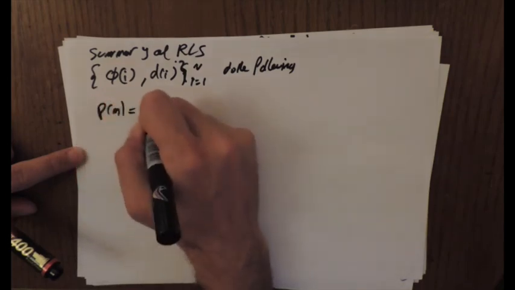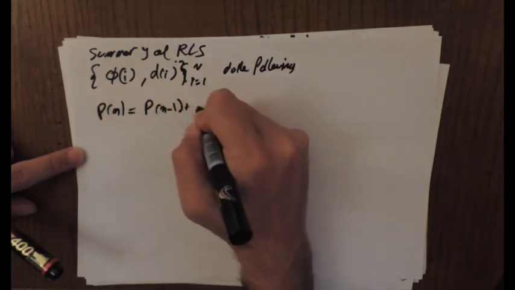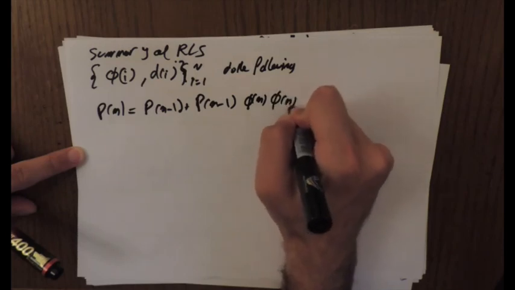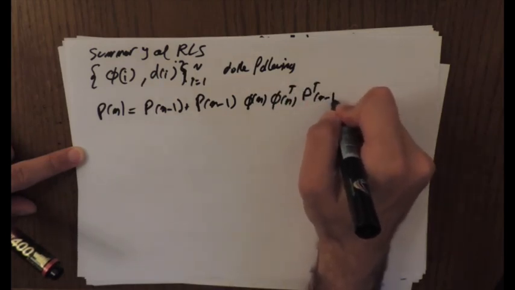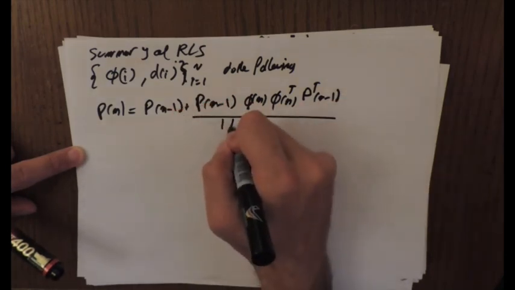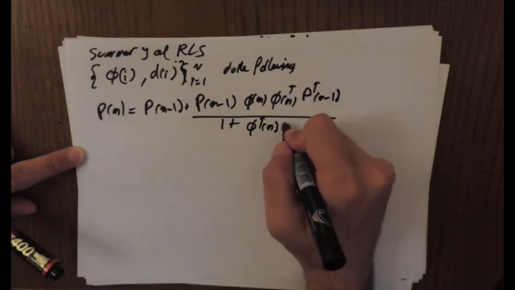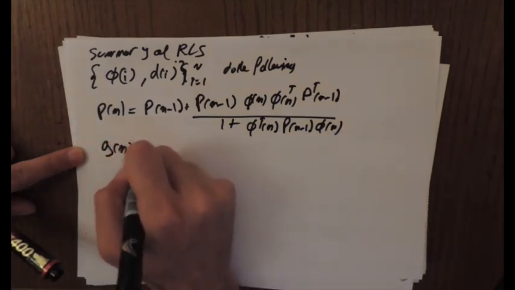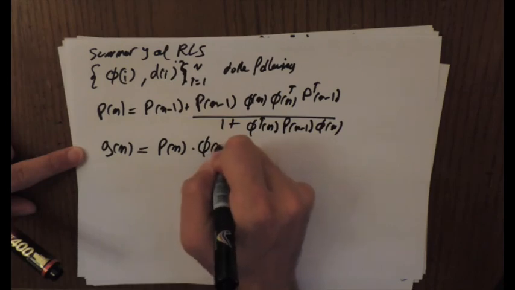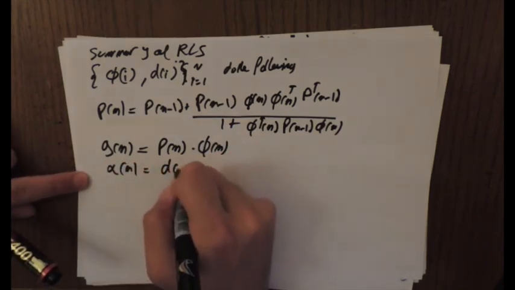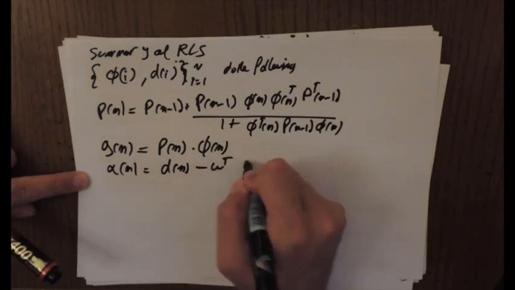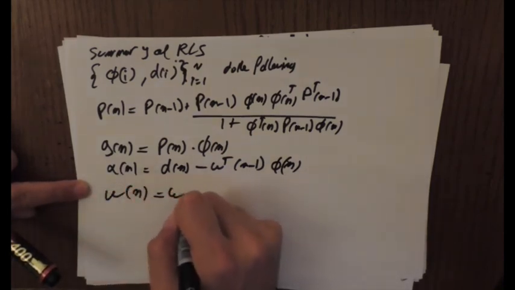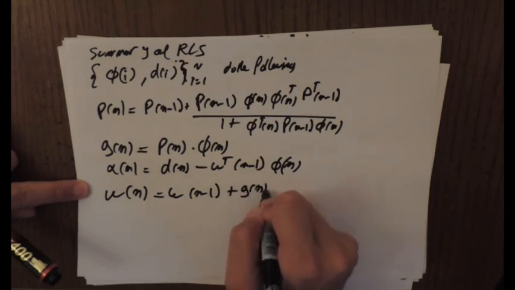We have P of n is equal to P of n minus 1 plus the same formula over 1 plus, and G of n is equal to P of n times phi of n, and alpha of n is equal to d of n minus W transpose of n minus 1 phi of n, and the weight update will be as follows.